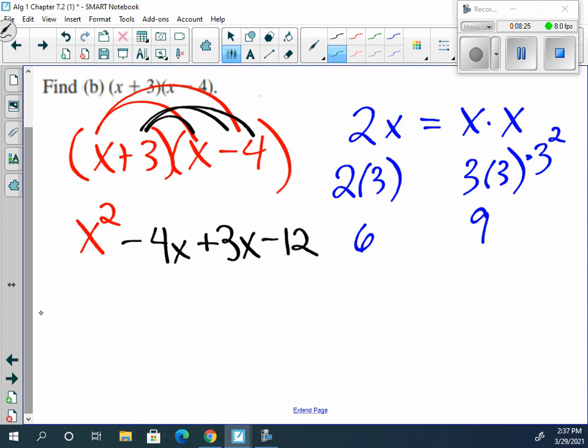Now we do have like terms, don't we? Because these here in the middle are like terms. So the x squared would stay the same. But negative 4x plus 3x. Well, negative 4 plus 3 would give us what? Almost. Negative x. Because negative 4 plus 3, or 3 minus 4, would give us a negative 1.